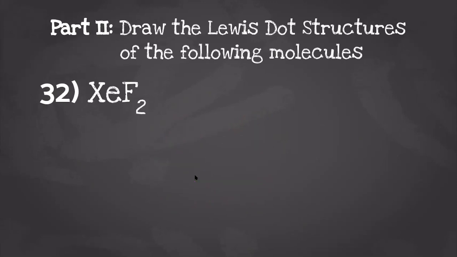Here we have xenon difluoride, and this is probably one of the stranger ones. Xenon already has a full octet. So how can it bond to 2 fluorines? Well, if I just kind of draw out this pair like this, I can fit 2 fluorines here.